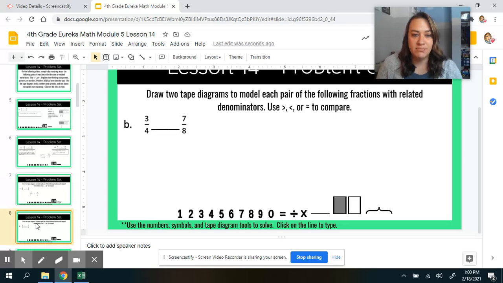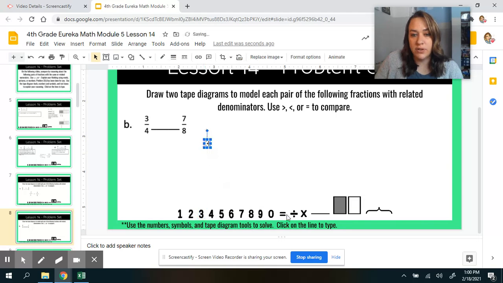Promise. Last one. So same thing, right? So find the relationships in these numbers. 3/4 and 7/8. Can we change our numerator or denominator to be the same as one of the others? Yes. 3/4, 4 times what gets me 8, right? 4 and 8, they're related.